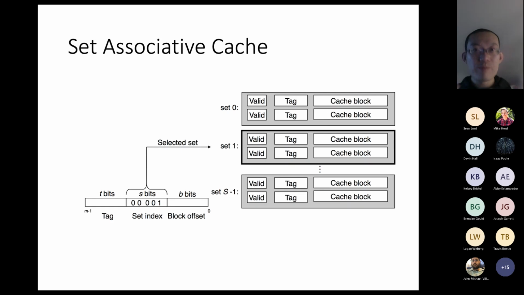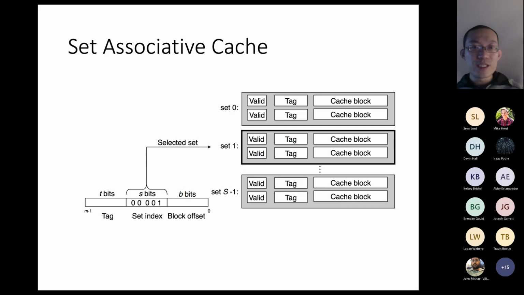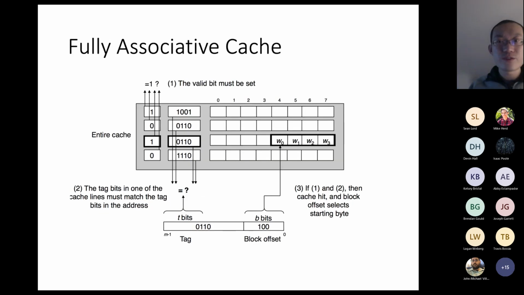When we try to find a cache hit, we use the middle part as bits as usual to find the set index we want to look at. And then we use the T bits to match with the tag and find out whether there's a match.